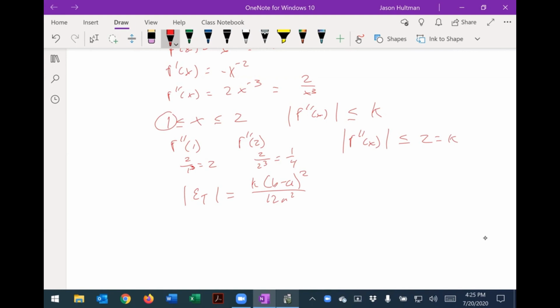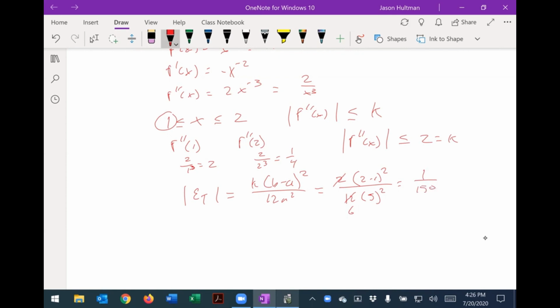So k is going to be equal to 2, times b minus a squared. Well, that's just 2 minus 1 squared, which is 1, all over 12 times n. How many divisions were there? There were 5 divisions. So this is going to be 2 over, this actually is 6, right? 2 minus 1 is 1, so 1 squared is 1. 6 times 25 is 150.